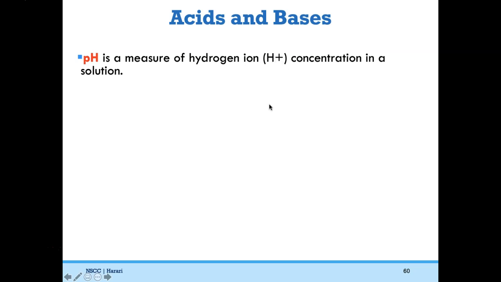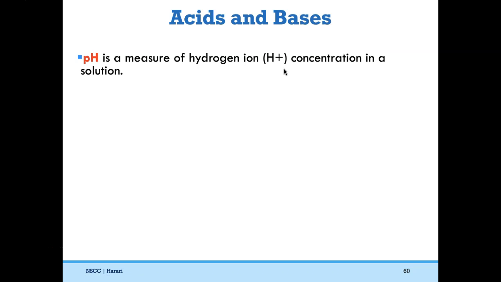If you recall, hydrogen has an atomic number and mass of 1, so that means it only has 1 proton and no neutrons. I want you to take this time to recognize that a hydrogen ion, H+, is the same thing as just a proton, because a hydrogen atom is a proton and an electron.